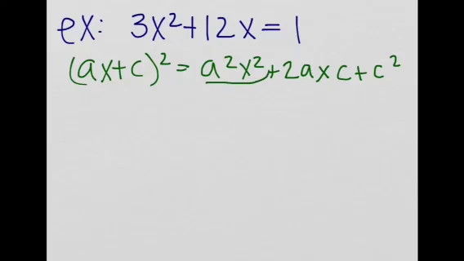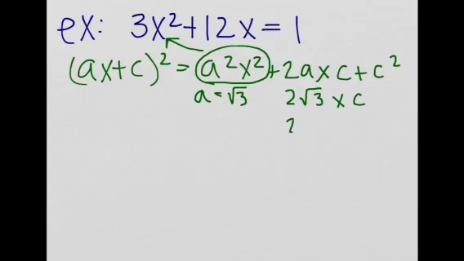Okay, so now let's look at this. So a squared x squared has to equal 3x squared. So that means a squared is 3, so that means a is equal to the square root of 3. Okay, so that means we have 2 times the square root of 3 times x times c.